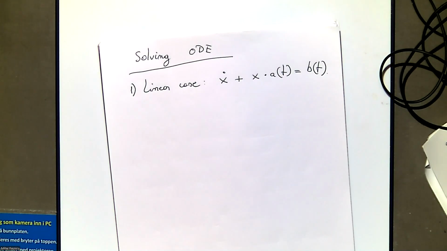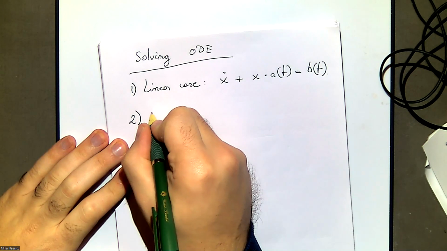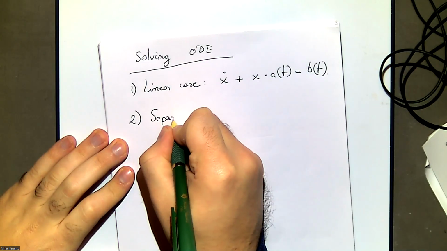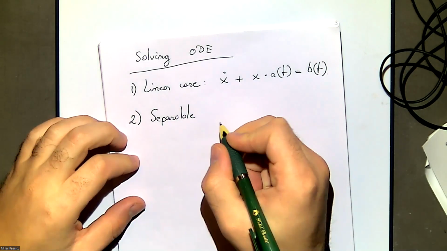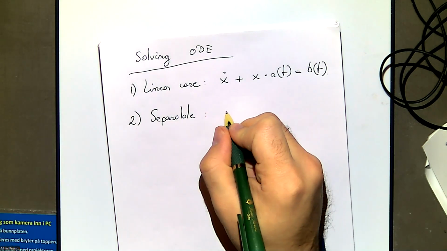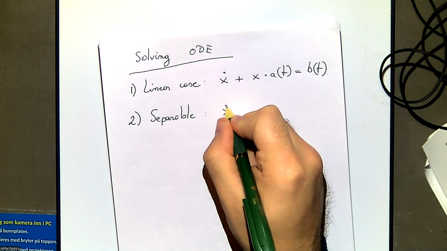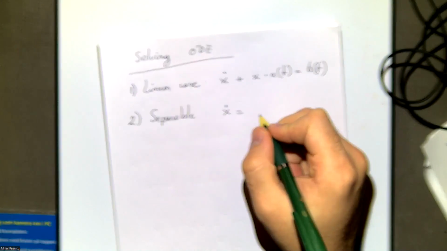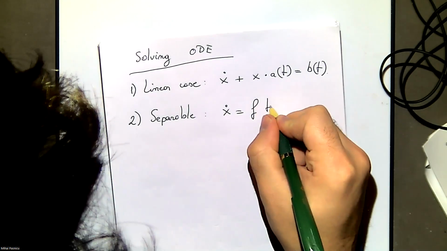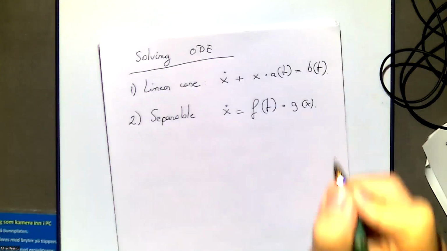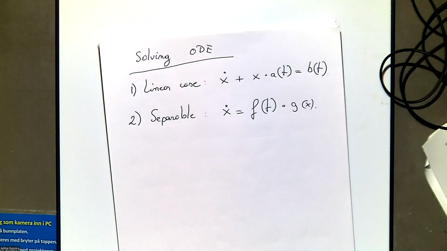Everything of this type, I'm going to give you a method to solve. The other case is the separable case, which looks like x dot is equal to f of t times g of x. I will elaborate more on the second one when we get to it, but we're going to move on right now.